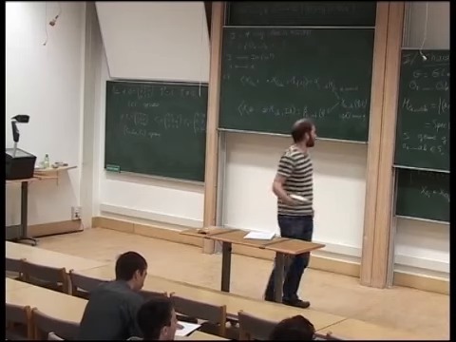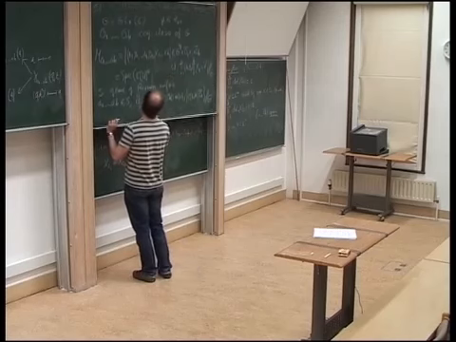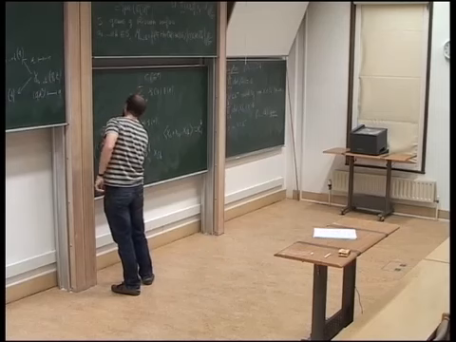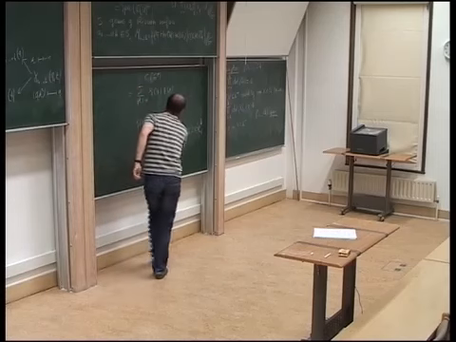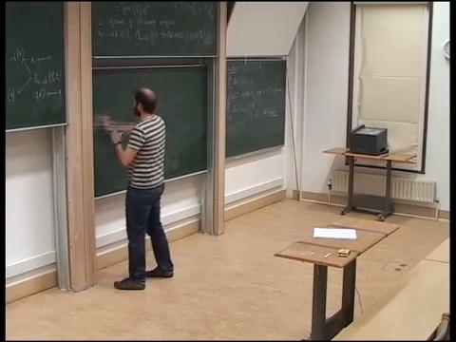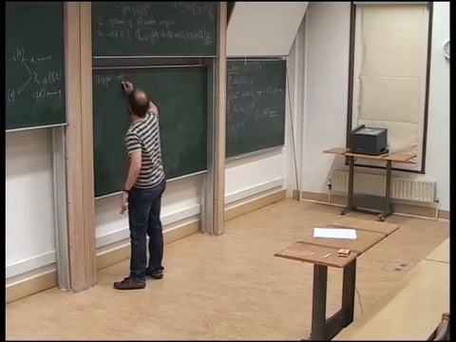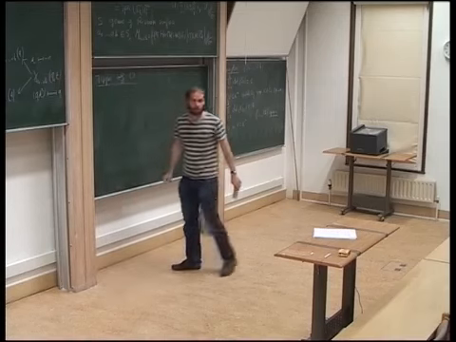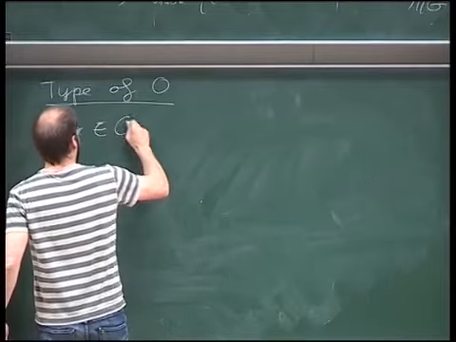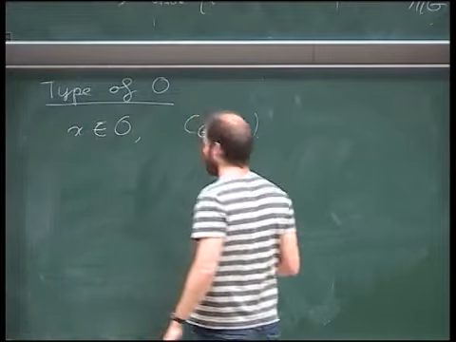So I will also need to talk about the type of a conjugacy class. If I choose a conjugacy class O in GL_n over C, I choose an element in O. I look at the centralizer in G of its semi-simple part.